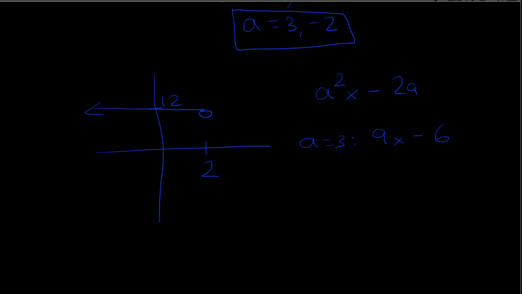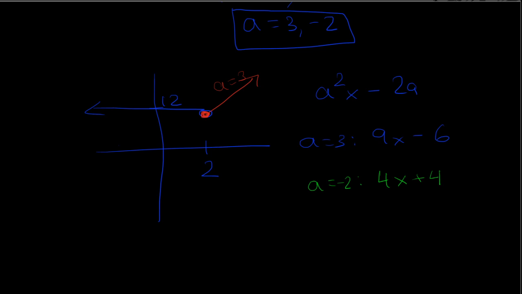So when I plug in x equals 2, 9 times 2 is 18, minus 6 is 12. And that's going to be with positive slope. So it's going to look something like that when a is equal to 3. And now when a is equal to negative 2, I plug in negative 2, and for a squared I get 4x plus 4.